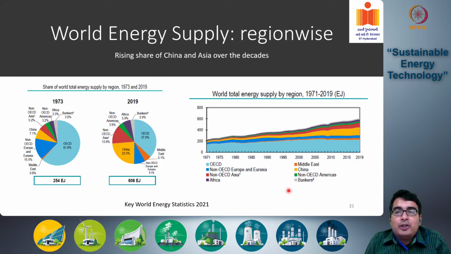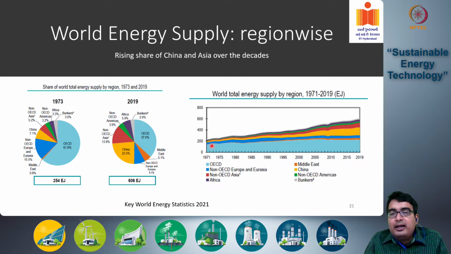So this is 10 to the power 18 joules. The total world energy supply in 1971 was around 200 exajoules, which had increased by 2019 to around 600 exajoules. Here the exact values are shown. 1973 is 254 exajoules. 2019 is 606 exajoules.